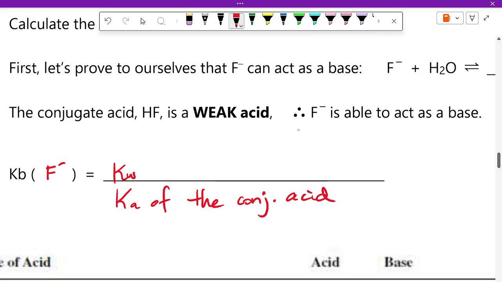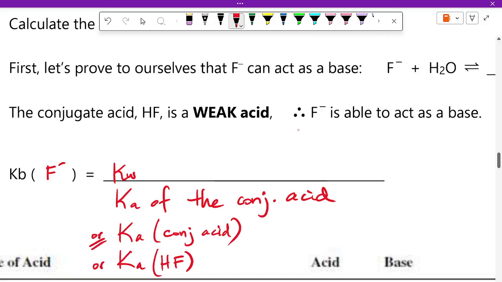You can make that shorter: Ka conjugate acid, or you could even write Ka and just write the conjugate acid, HF. You could put any one of those three things on the bottom.